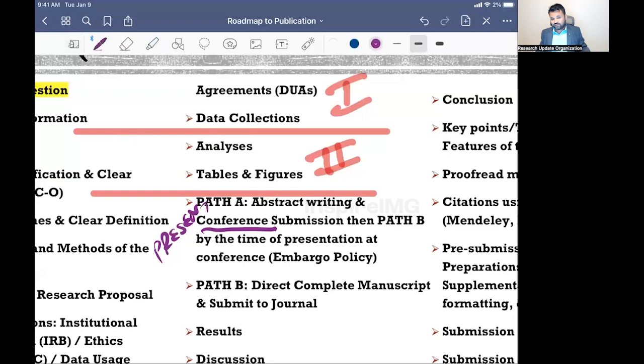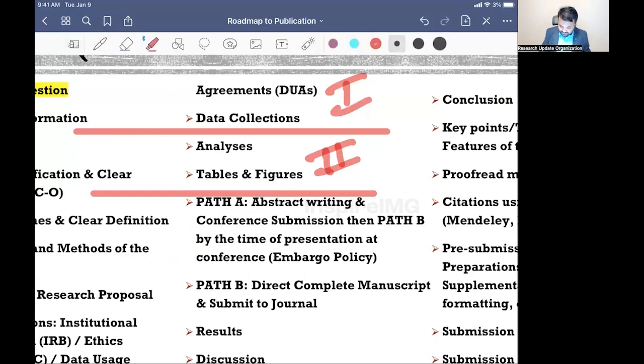So you write the full-length manuscript and go to path B: writing the manuscript and submitting it to the journal. When we discuss path A and path B, this is what Research Update is doing: we submit to the conference first, followed by the full-length manuscript.